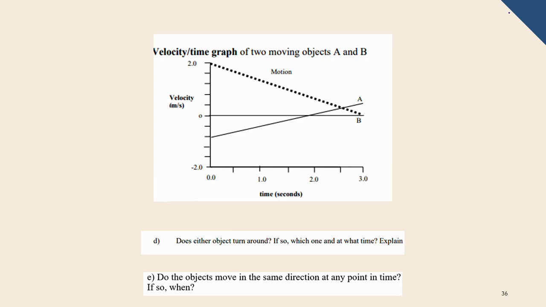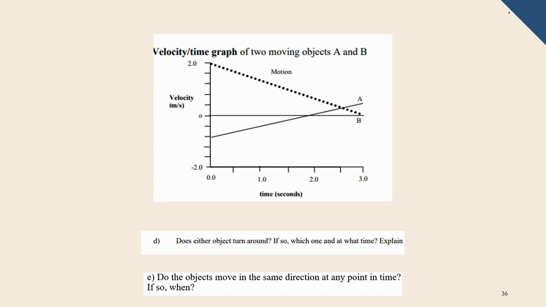Part D. Does either object turn around? If so, which one and at what time? Explain. Okay, so recall an object turning around means that its velocity switches direction from positive to negative or negative to positive. And in order to do so, the object has to hit a momentary rest, 0 meters per second, for just an instant in time.